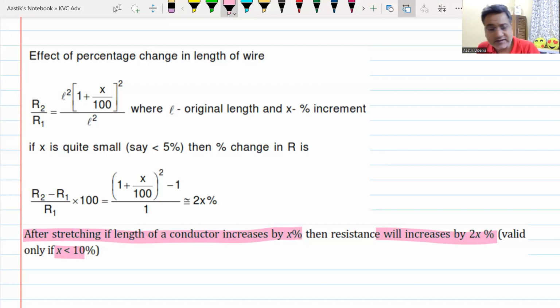Maybe by tomorrow we would try to wind up this chapter on electric current. We had only covered resistance and resistivity. We still have to do some more questions on resistance and resistivity, and we'll have to see the electrical instruments as well. So we will do that in the next class tomorrow.